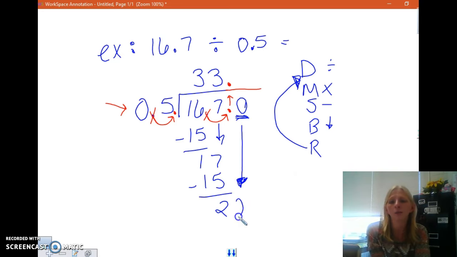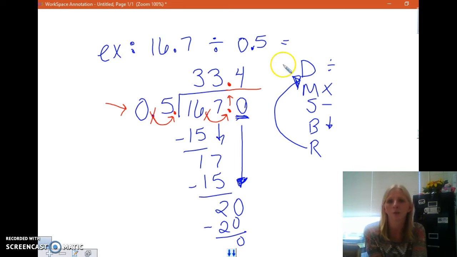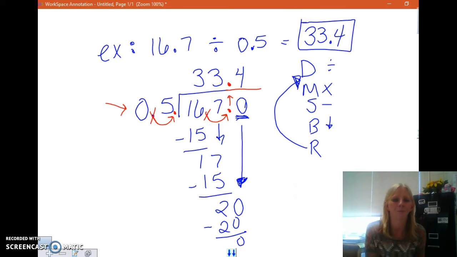So we bring the 0 down, we end up with 20. 20 divided by 5 is 4, because 4 times 5 is 20, and we do not have a remainder anymore. So our answer to 16 7/10 divided by 5/10 is 33 4/10. That is our answer. So we're going to write it and box it in.